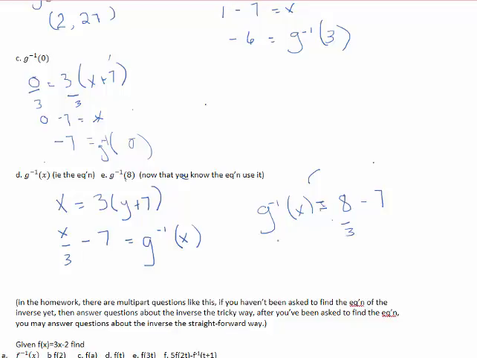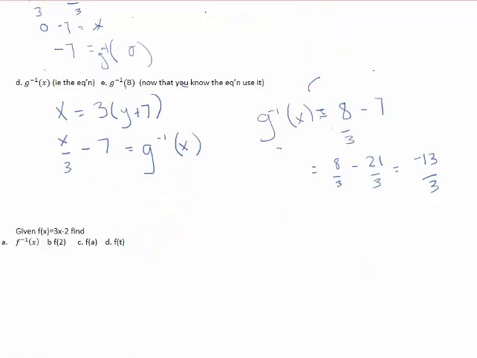So we're going to have to do some common denominators here real quick. 8 over 3, which would be 21 over 3, for a final answer of -13 over 3. And that can't be reduced, so we're done there.